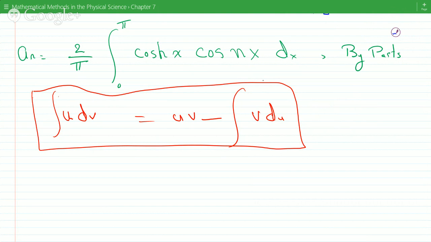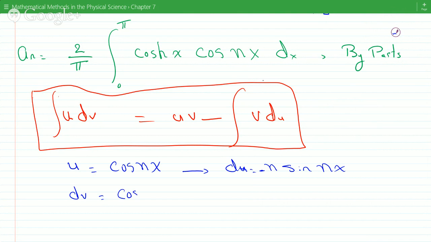So maybe a better strategy is to call u cosine nx, which would make du minus sine nx times n, so minus n sine nx. And then dv would just be cosine hyperbolic, which would make v sine hyperbolic.